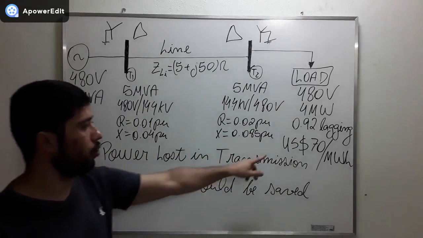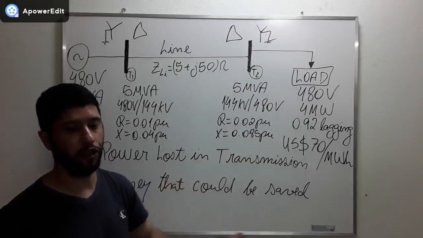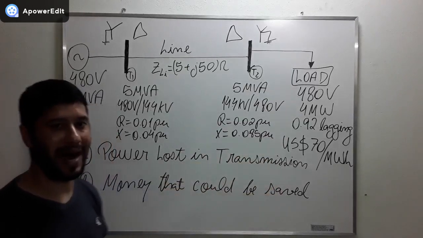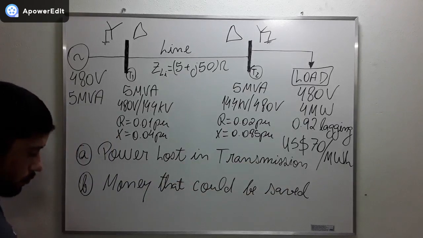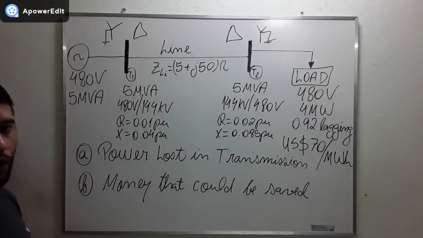Considering that the load pays $70 per megawatt hour, calculate letter A, power loss in transmission.